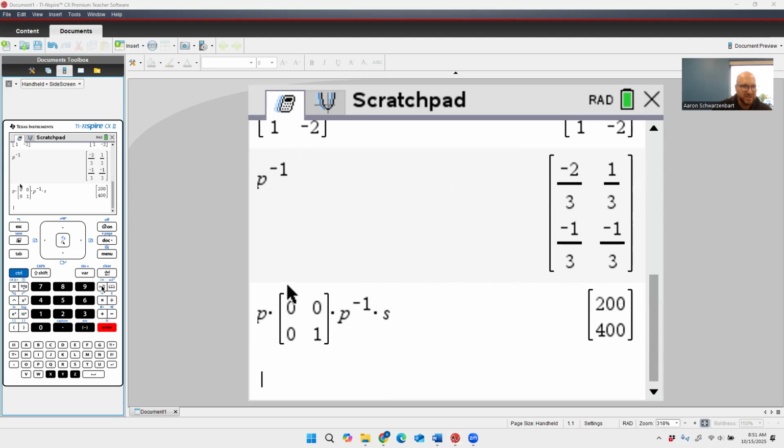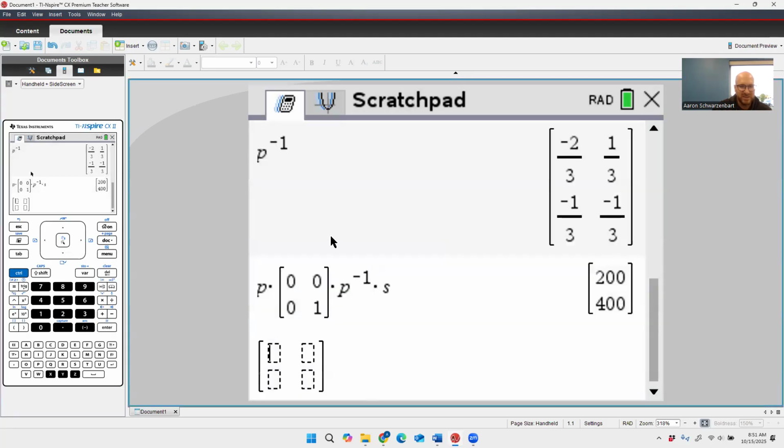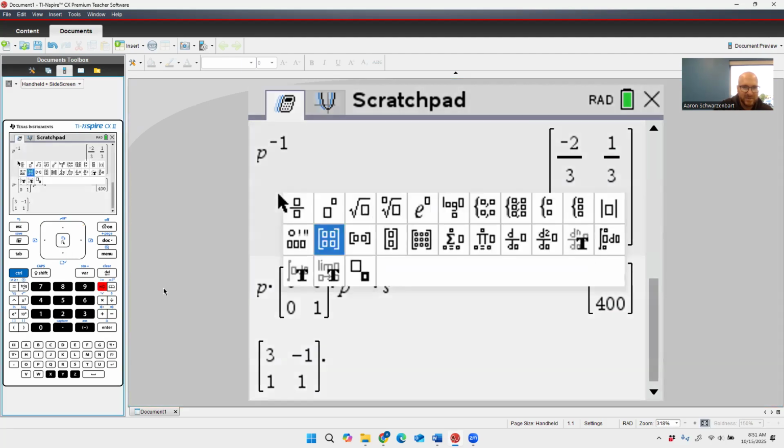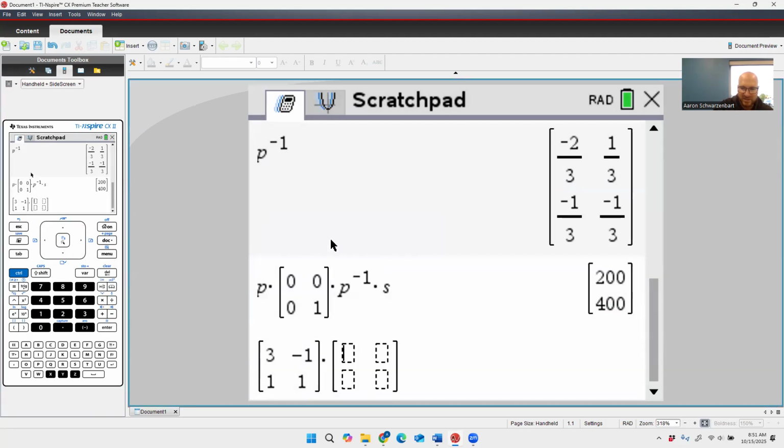I'm not going to bother saving because I don't think I need to do this again. 3, -1, 1. And yes, in the diagonalized matrix, the 0.84 to the infinity goes to 0.